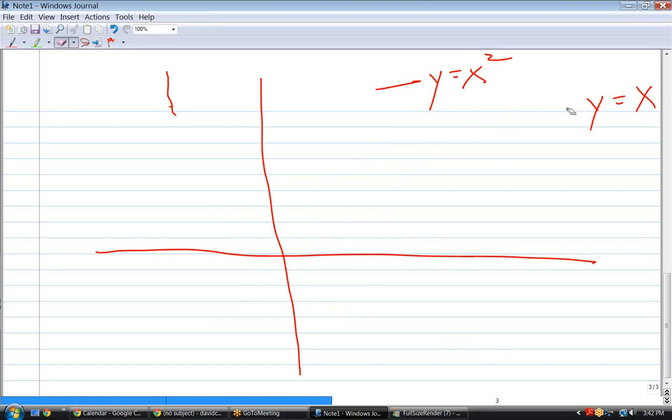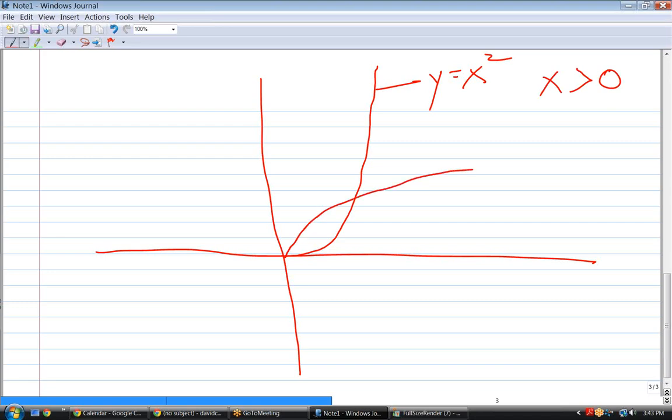What they usually do on these kinds of functions is they restrict the domain. They look at only that part of the function, in other words, only when x is greater than 0. And now, yes, that does have an inverse function, right there.